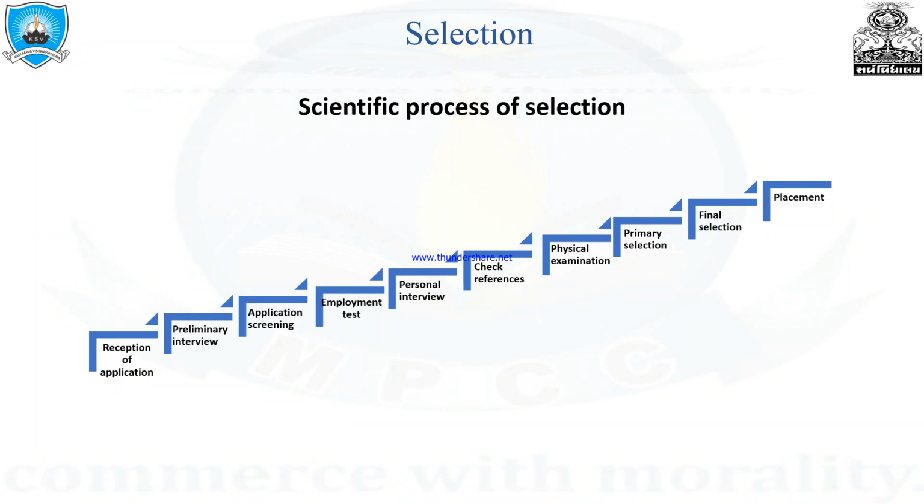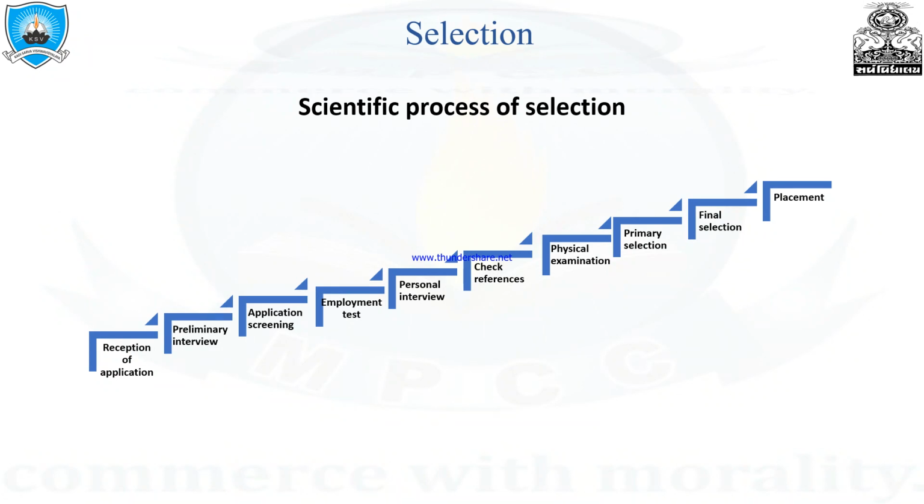Next, and a very major part of this process, is the personal interview. The interview is a very popular tool in the selection process, and many companies use the interview as the only tool for selecting new employees.